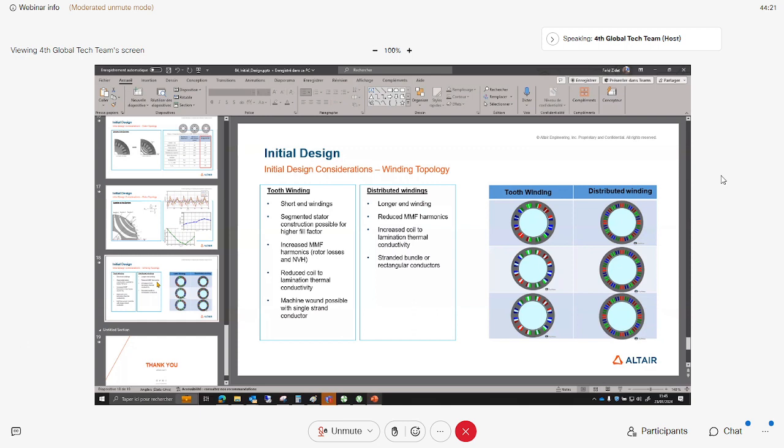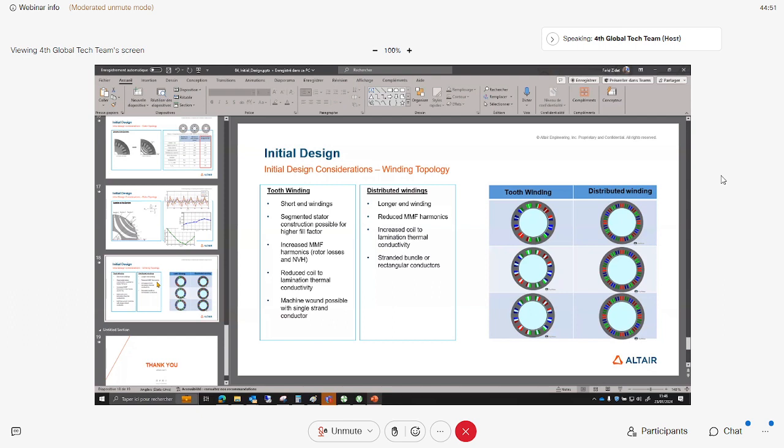Then we have lower harmonics, so we can expect lower iron losses, for instance. And with distributed winding, you will have less air or vacuum in the slots, so the thermal conduction is better compared to the tooth winding.